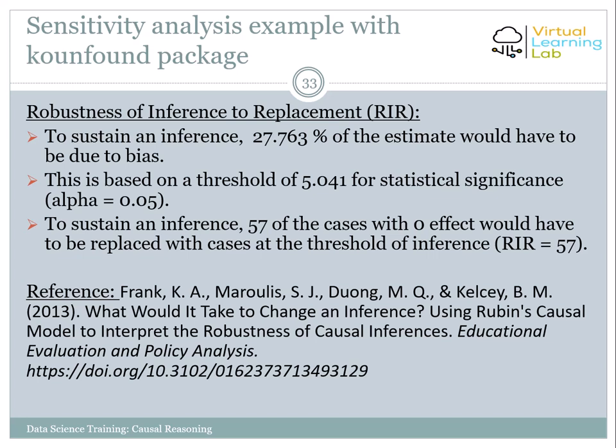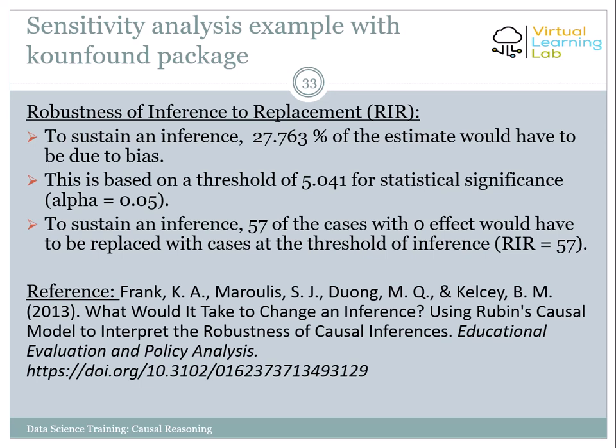So it's not very sensitive. And you'd have to switch 57 cases. With matching, the sample size was 196, so 57 is about 25% of the sample size to be able to sustain that inference.